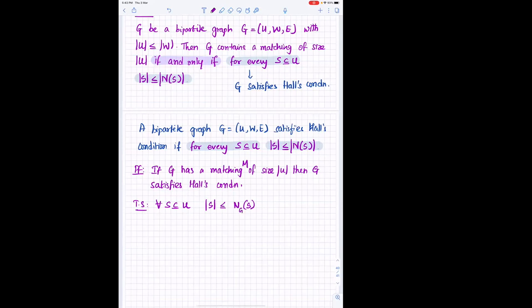We will usually subscript this N by G, that is, whichever graph we are looking at, because going forward, we will look at more graphs. So at that point, I don't want this to come up. So what does this mean? This means the neighbors of the vertices in S in the graph G.